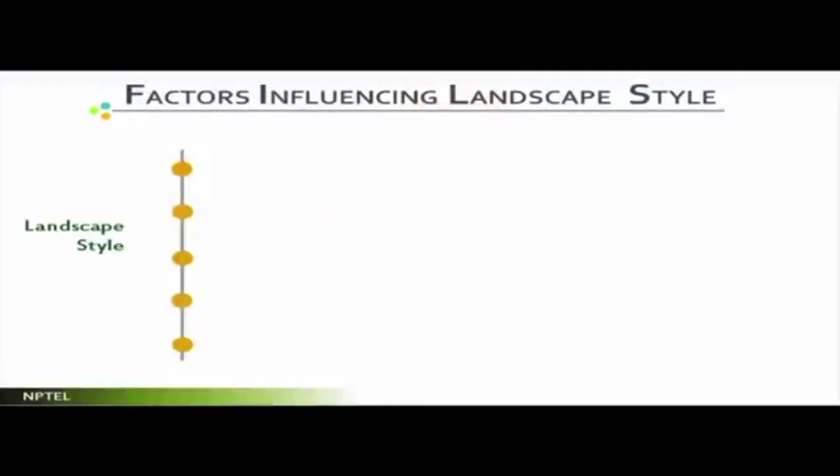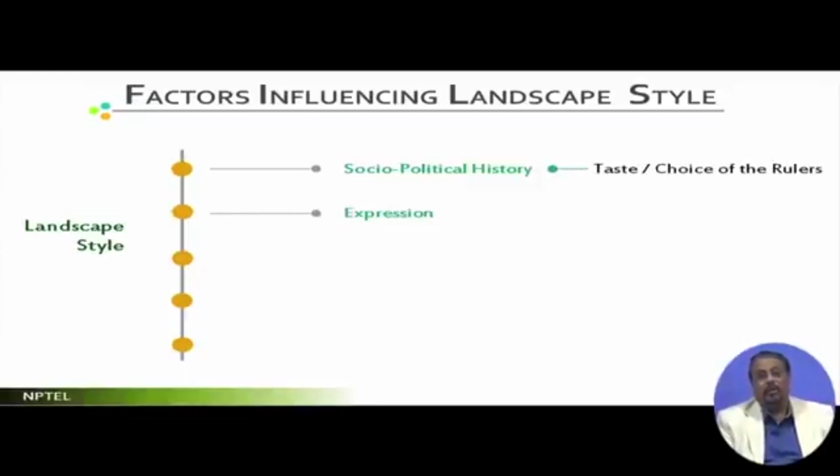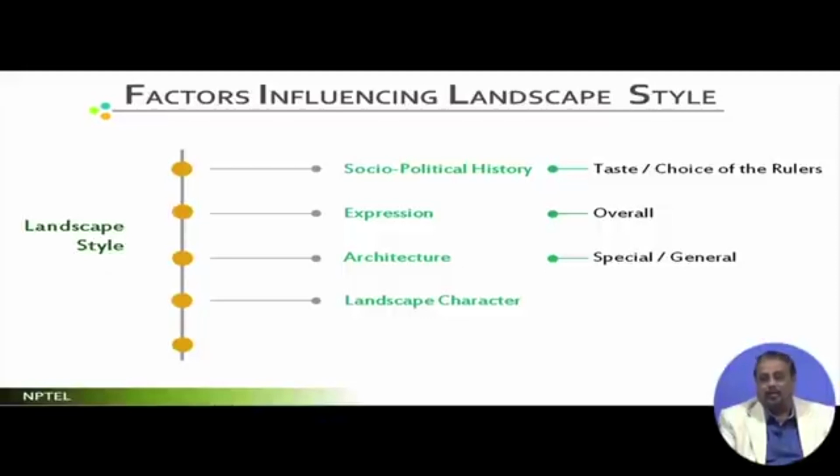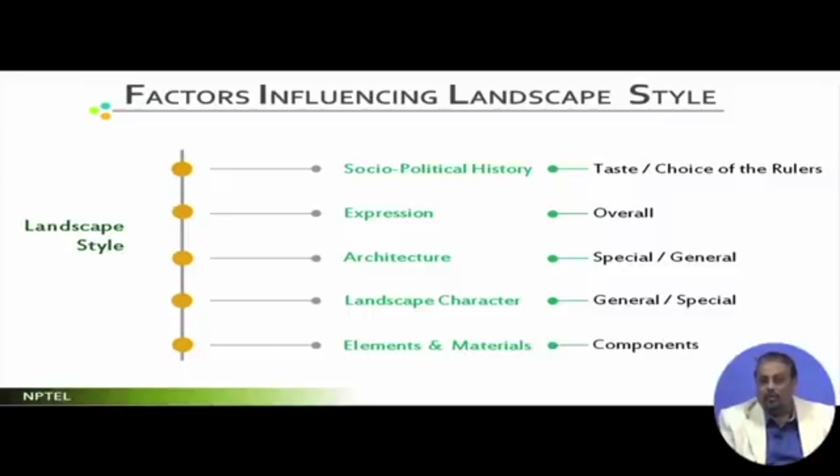And the next is socio-political history, the taste or the choice of the rulers, then expressions, overall expressions, what people thought and felt about it, and how it has been expressed in the history. Then architecture, what kind of architecture we have, whether special or general. And then landscape character, general or special, elements and materials, all components and their materials.